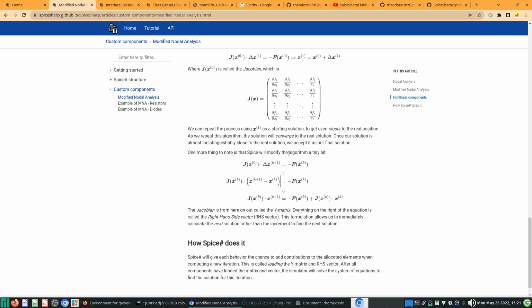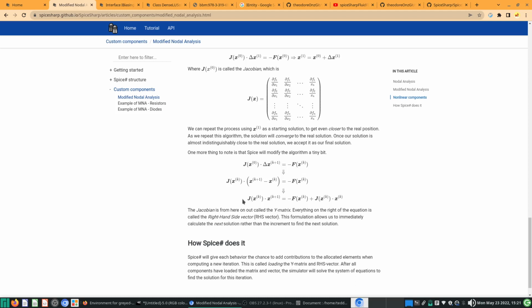Then it solves explicitly for x k plus 1, and the inverse Jacobian is multiplied throughout. The formulation allows us to immediately calculate the next solution rather than the increment to the next solution, which is this delta x. So that's the modification for the SPICE algorithm.